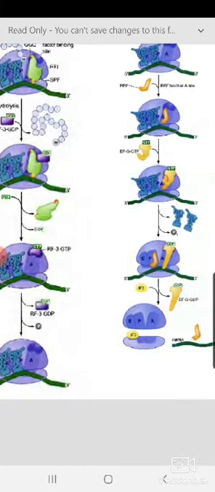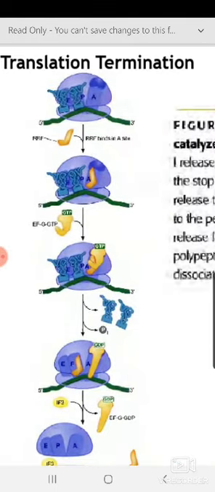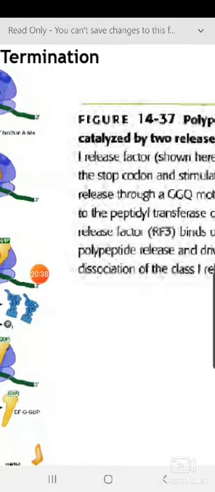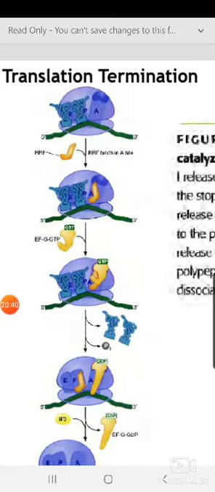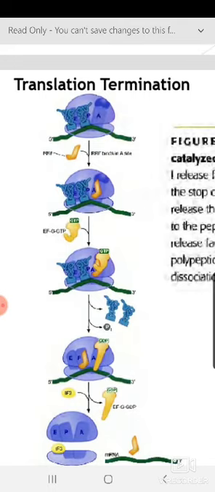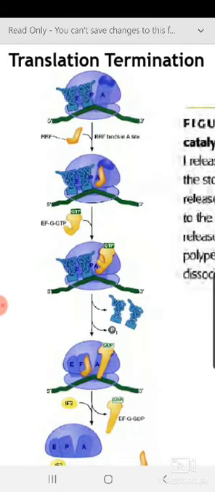This is done by another type of protein, the ribosome releasing factor, RRF. Here comes another protein, RRF, which mimics a tRNA and also brings EFG-GTP. If you remember the third step of translation elongation, translocation, we have already discussed EFG-GTP.